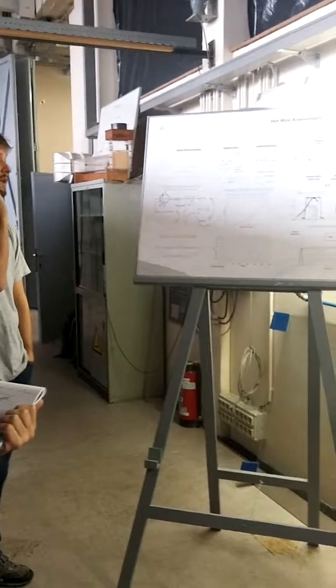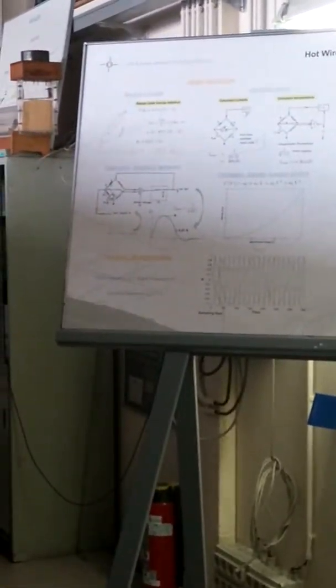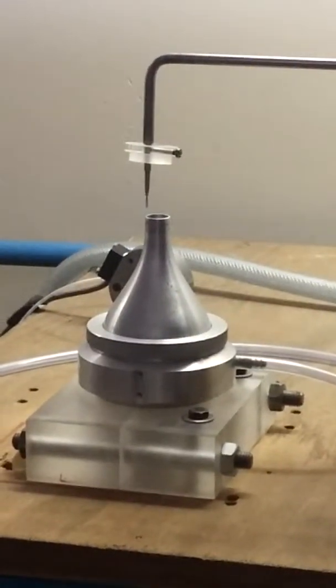So how does it work? You have a wire, which is over here. Basically, this is the instrument. I think it's more or less 8 micron in diameter, and the material is usually tungsten. An electrical current flows inside the wire, and due to the Joule effect, it heats up.